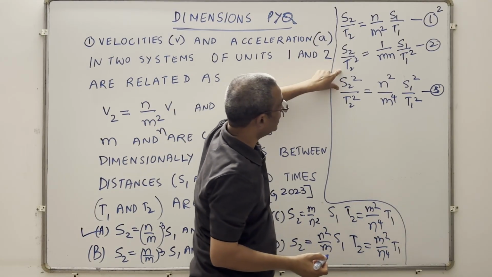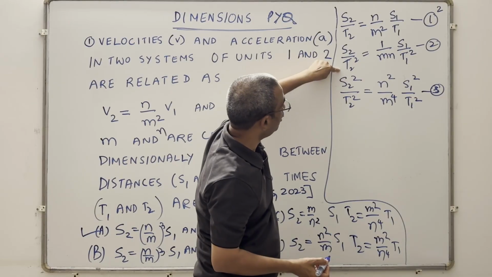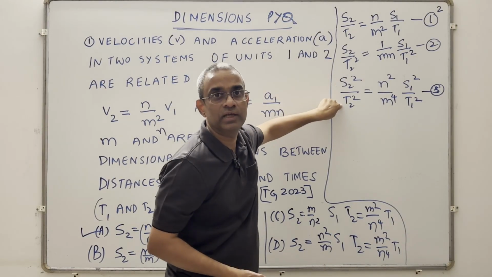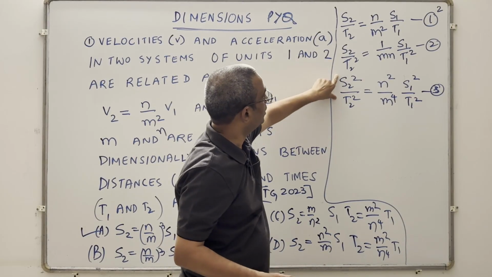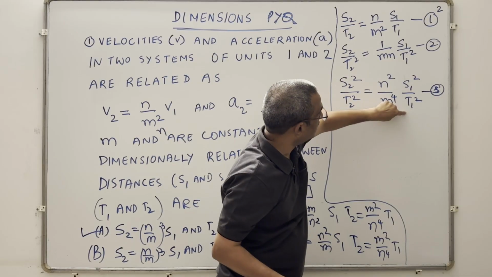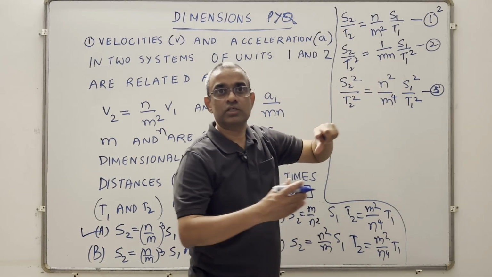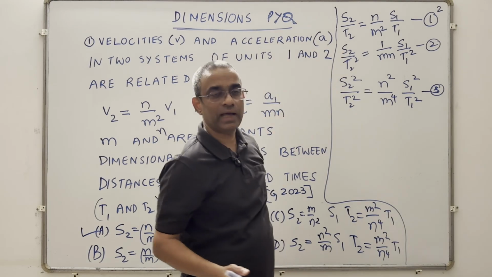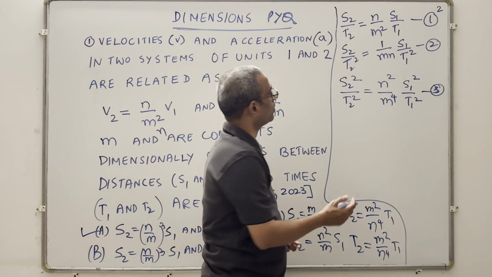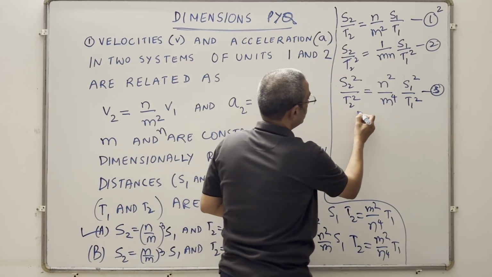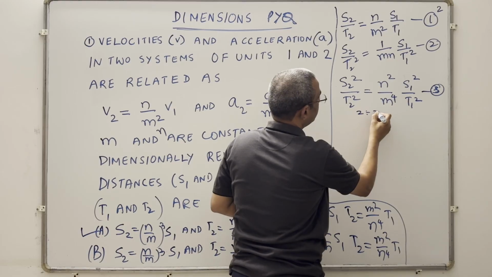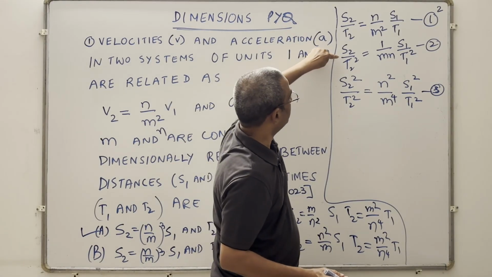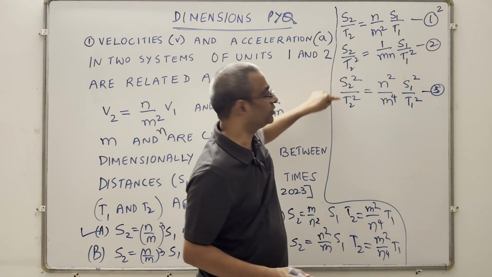Because both are in denominators, if we divide, we can eliminate T2. Here also T1 square and T1 square are in denominators, so we can eliminate T1 and get the relation between S2 and S1. So let's divide equation 2 by equation 3.